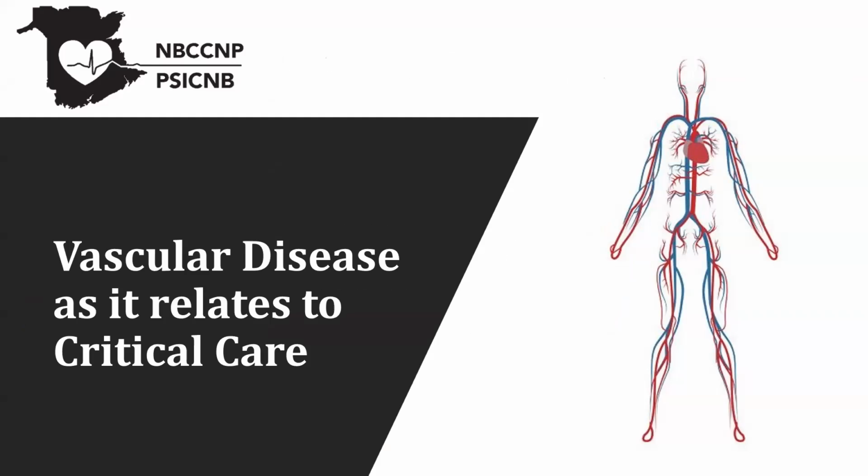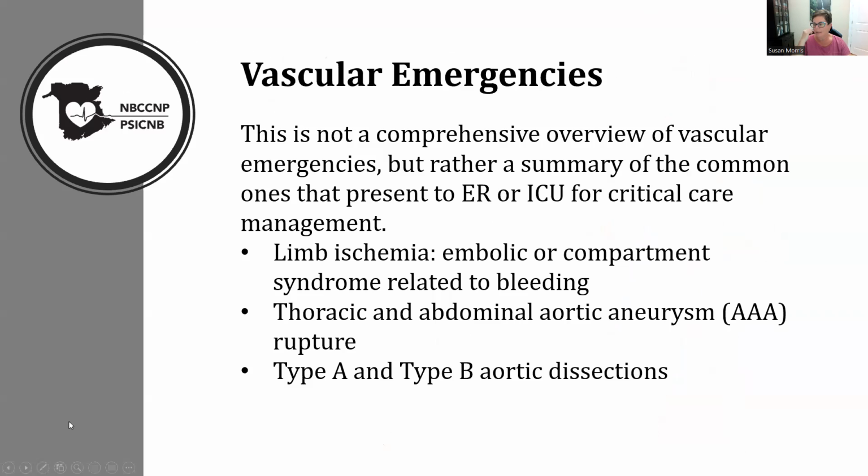I'm going to discuss this as a very quick overview of vascular disease and how it relates to critical care. So please know that this is not a comprehensive overview of vascular disease by any stretch of the imagination. When we think about vascular emergencies, we think of limb ischemia, whether somebody has had an embolic event or maybe they've developed compartment syndrome related to internal bleeding.